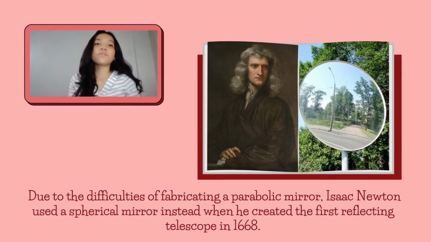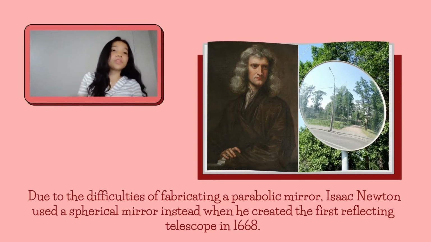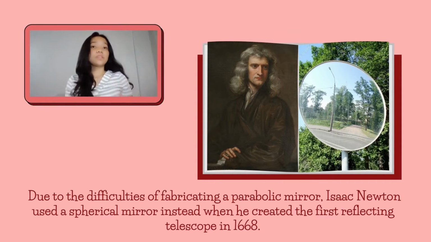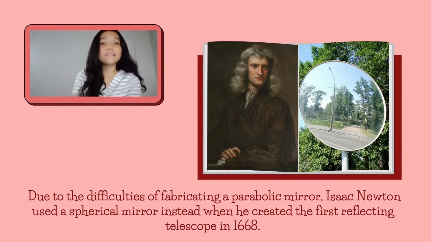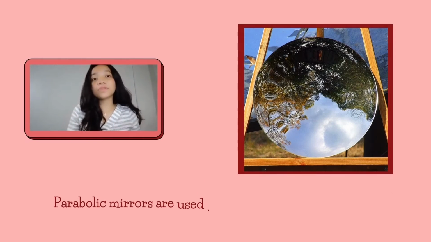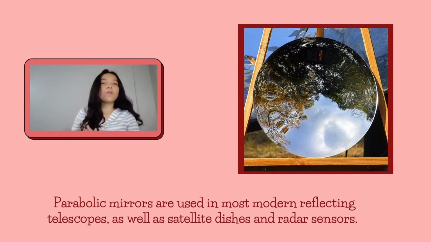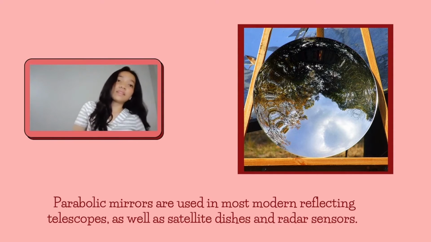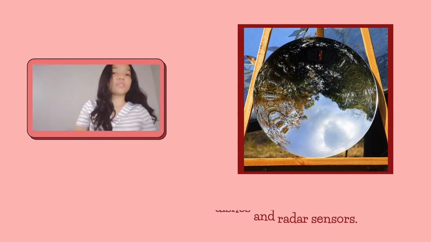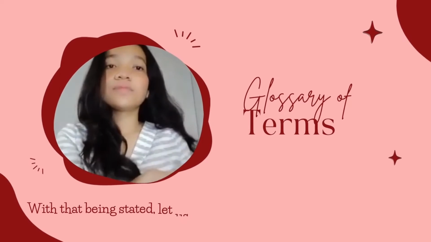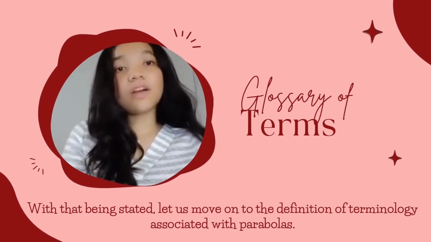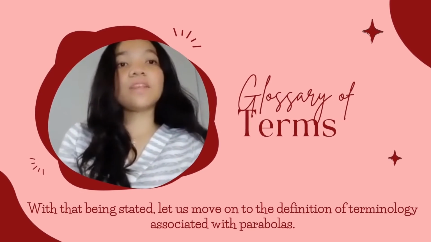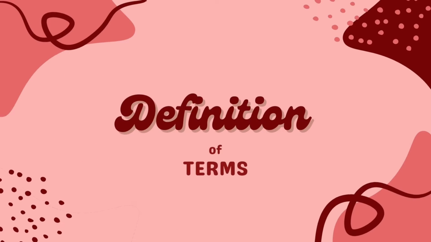Due to difficulties of fabricating a parabolic mirror, Isaac Newton used a spherical mirror instead when he created the first reflecting telescope in 1668. Parabolic mirrors are used in most modern reflecting telescopes, as well as satellite dishes and radar sensors. With that being stated, let us move on to the definition of terminology associated with parabolas.